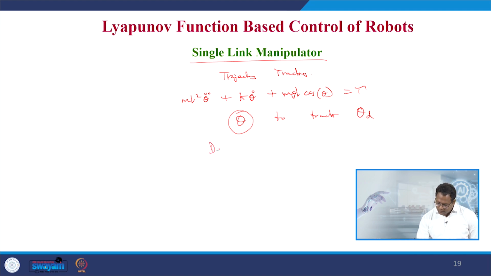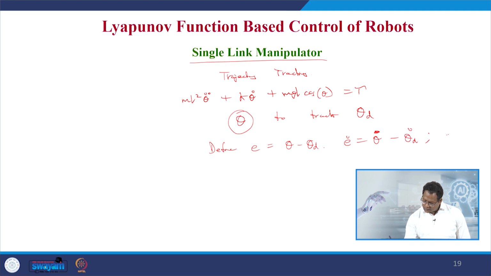So, we define the error E equal to theta minus theta d. In that case E dot equal to theta dot minus theta d dot, and E double dot equal to theta double dot minus theta d double dot.